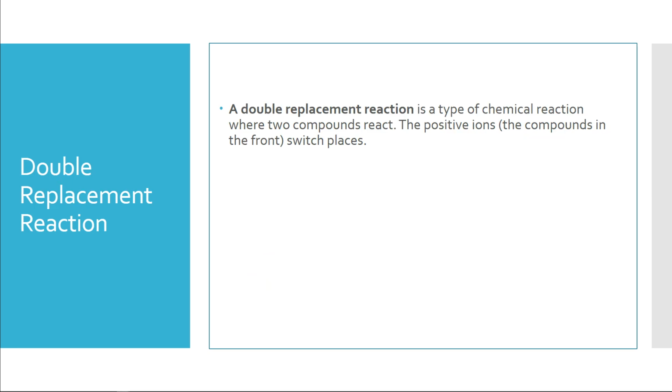Next, and lastly, we have a double replacement reaction. A double replacement reaction is a type of chemical reaction where two compounds react. However, this time, the positive ions, which are found in the front of the compound, switch places with each other. It takes the formula AB plus CD equals CB plus AD.